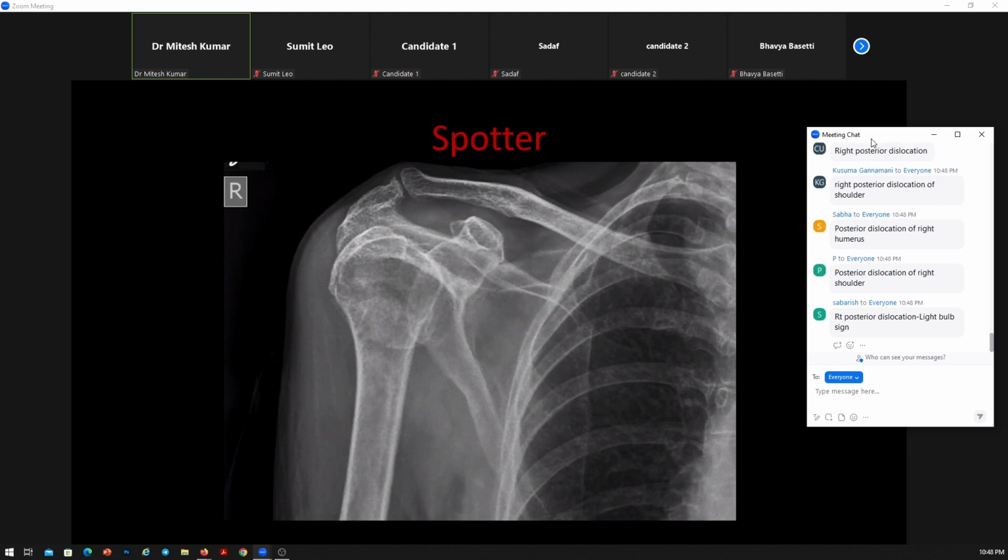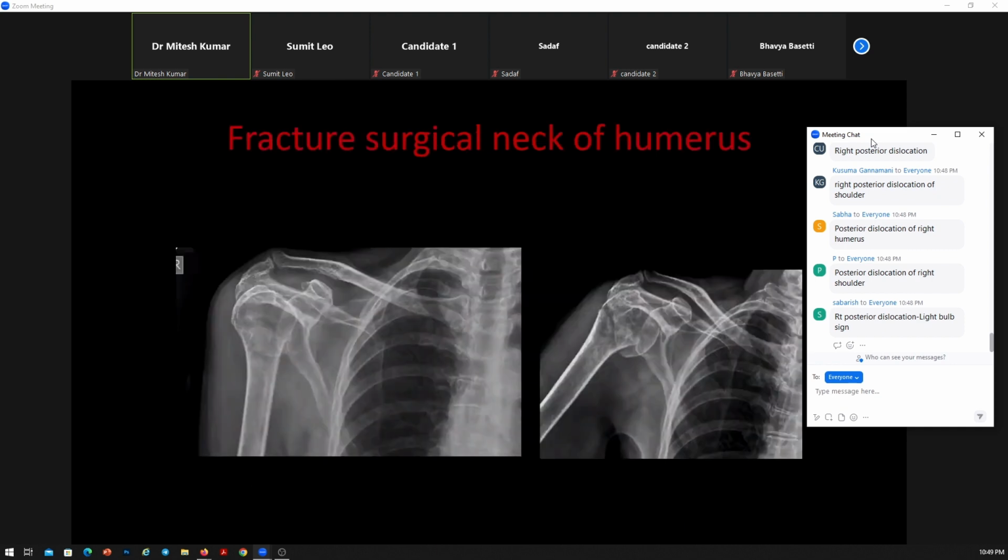But then my question to you would be, people are writing posterior dislocation. That could be a posterior dislocation of the clavicle or the first rib. Anything can get dislocated, right? Most of these people have not even specified posterior dislocation of what. Of the right shoulder? Yeah, you need to specify what is getting dislocated. Right shoulder joint dislocation, posterior. So everyone now, please note that.